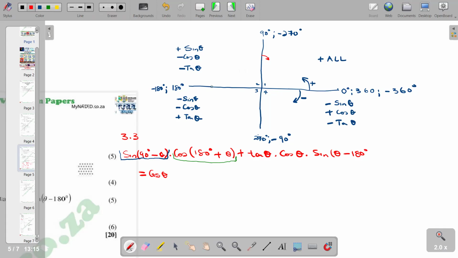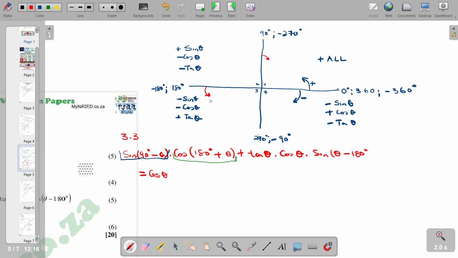And remember, we said the angle is plus when we go in an anti-clockwise direction. Theta is acute, so starting from 180 we move anti-clockwise because we say plus. So where is our angle? Our angle is in the third quadrant.